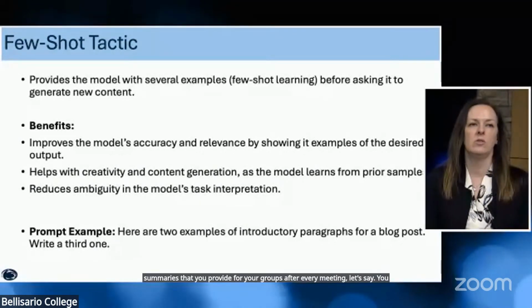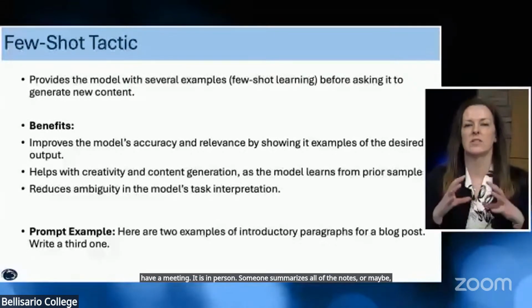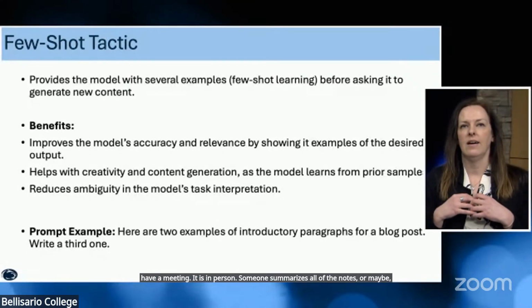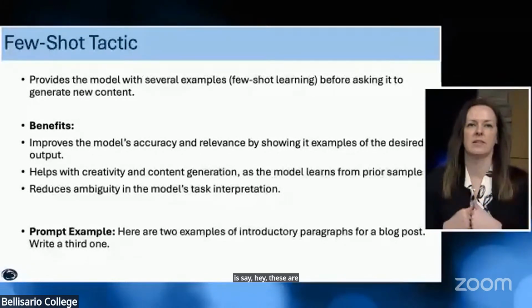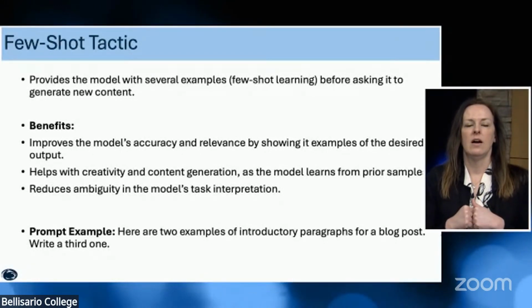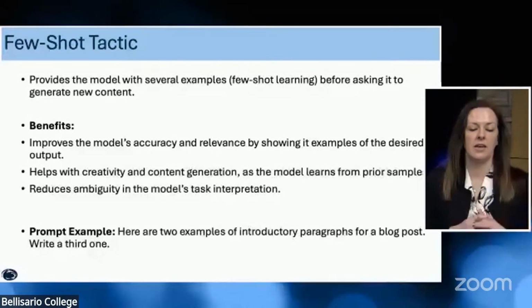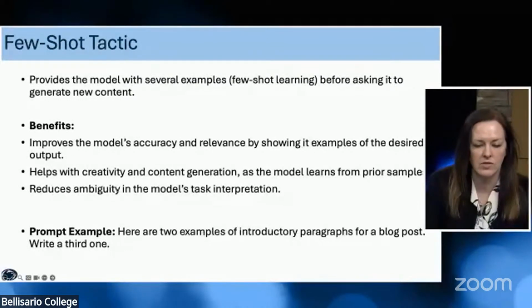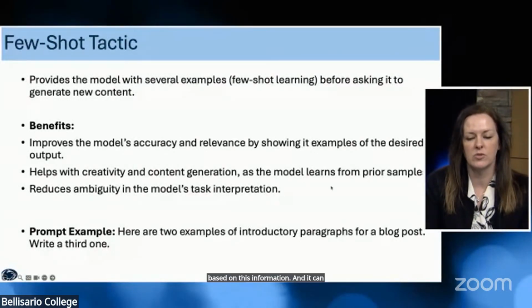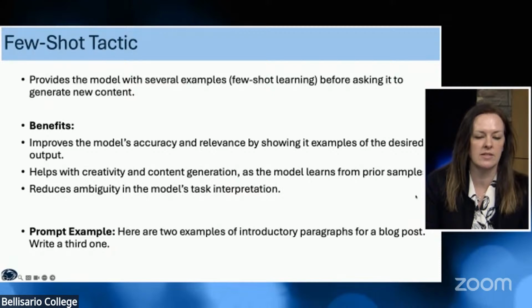What you could do is say, hey, these are the summaries we've typically had in the past, and I want to create another one based on this new information. And it can do that. So it helps with creativity and content generation as the model learns from prior samples. It reduces ambiguity in the model's task interpretation.